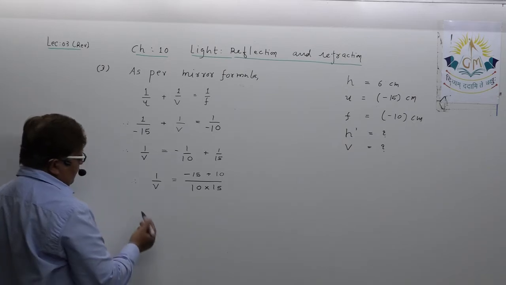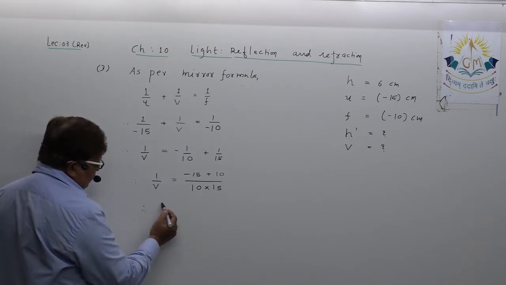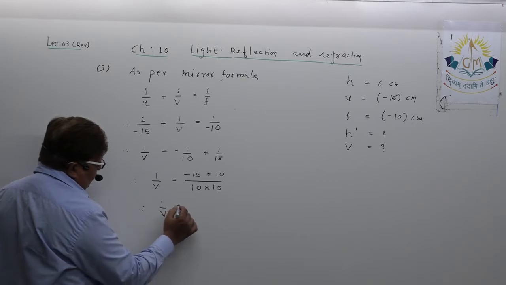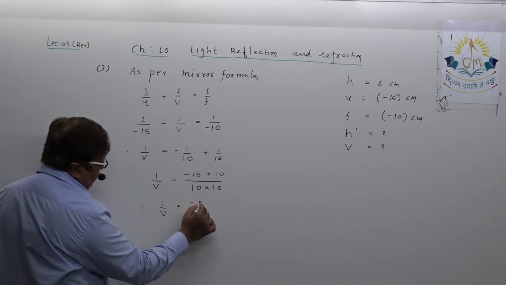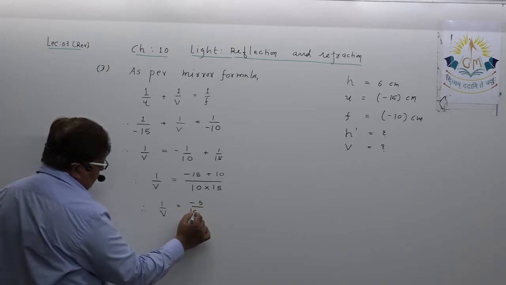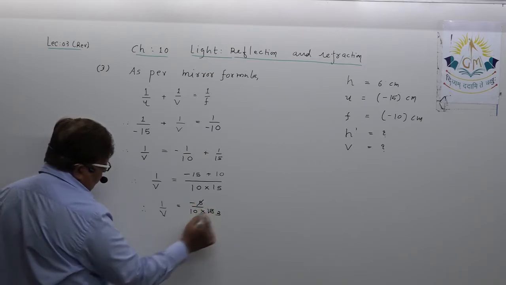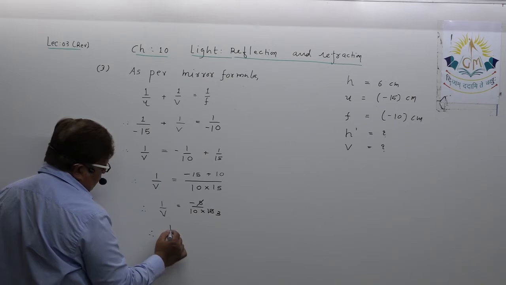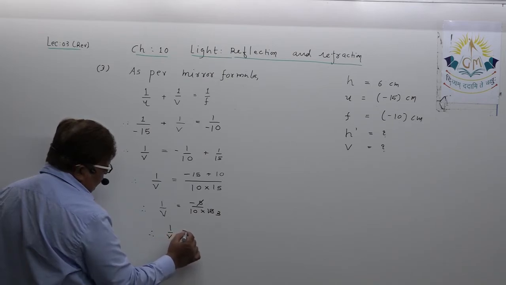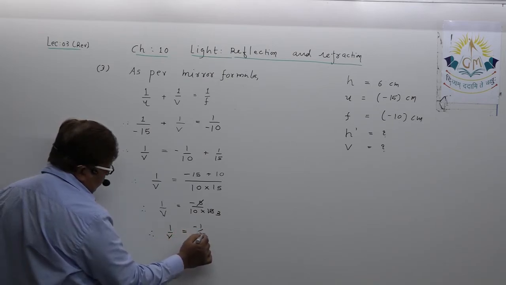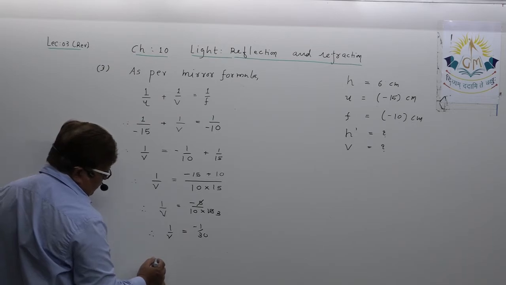Next step, 1 upon V equals minus 5 upon 10 into 15. 5 goes 3 times. So 1 upon V equals minus 1 upon 30.